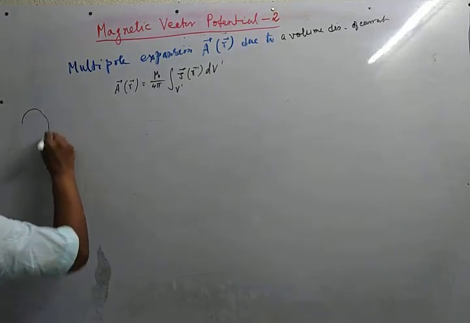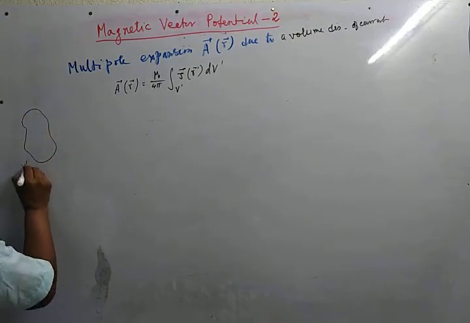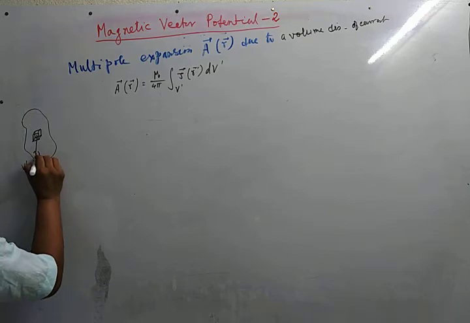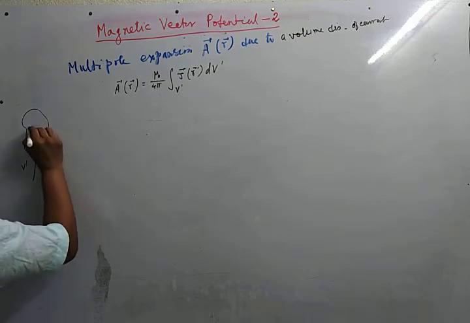When we consider this, the volume v prime is the volume over which a current is distributed, we consider an elementary volume around r prime.